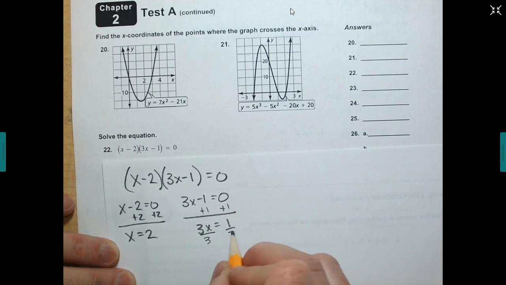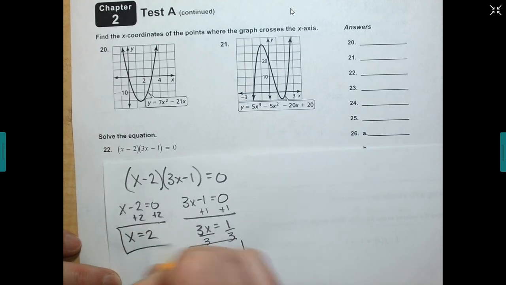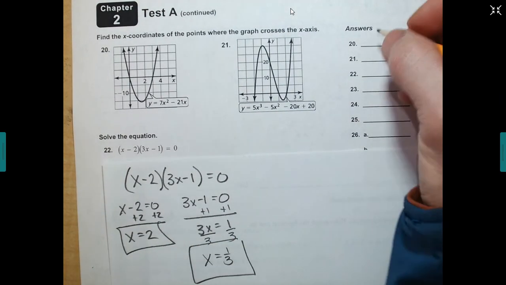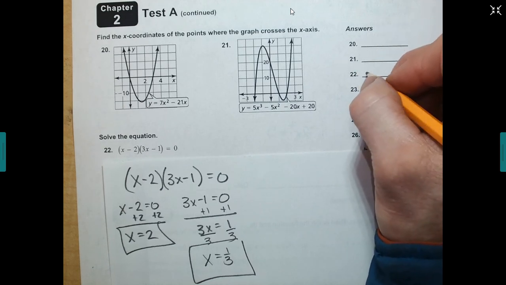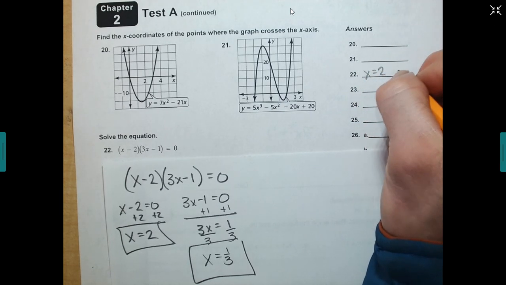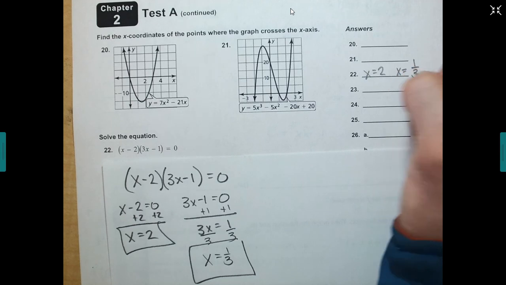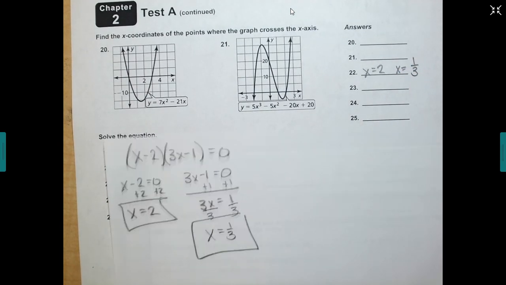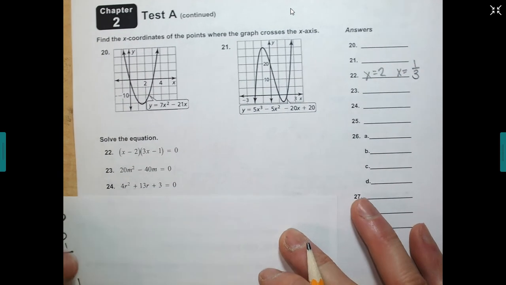Divide by 3 on both sides, so x equals 1/3 and x equals 2. All right, 22. Let's go here to 24.